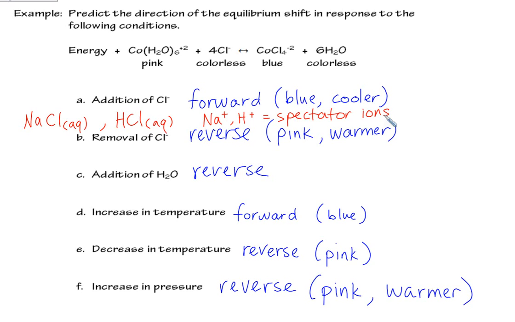A good example might be this guy. Add something like silver, maybe silver nitrate. If you add silver nitrate, the nitrate is a spectator. It's not present anywhere in that equation, and it can't react with anything.